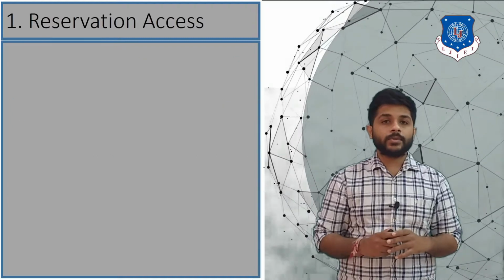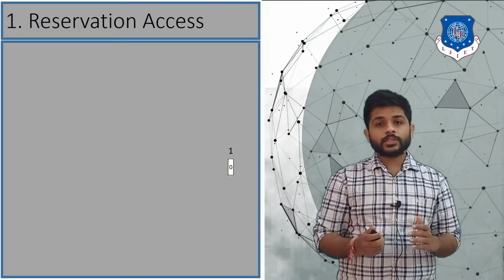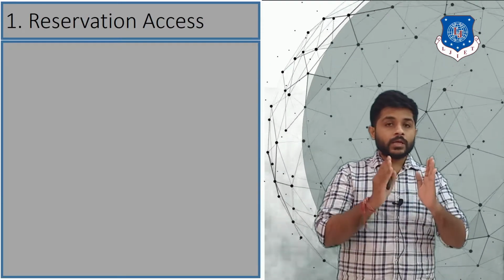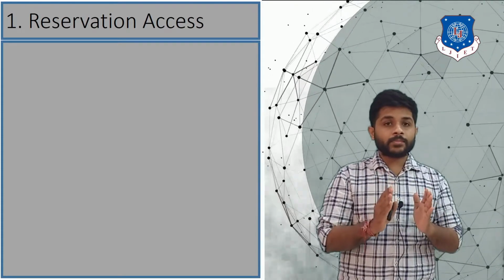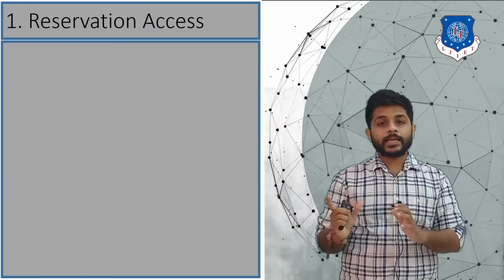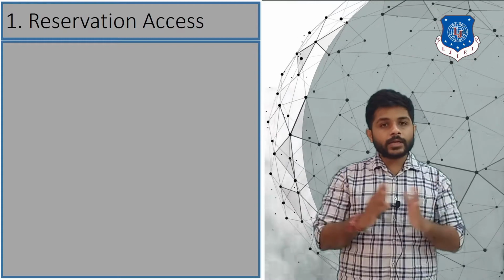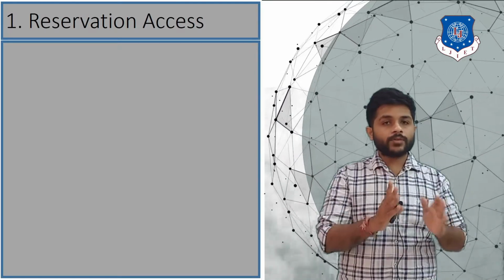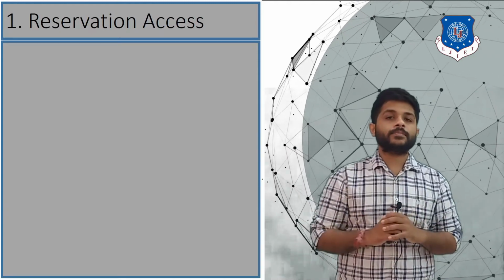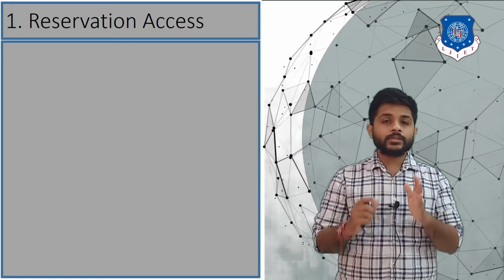Let's see the first type, which is the reservation access. In the reservation access protocol, there are mainly two periods. The first is known as the reservation period, and the second is known as the data transmission period. So the total time is divided into two parts. For example, there are 5 stations that want to send data.